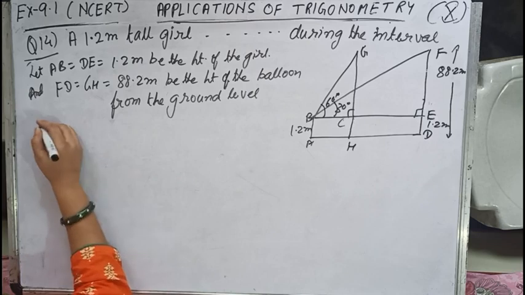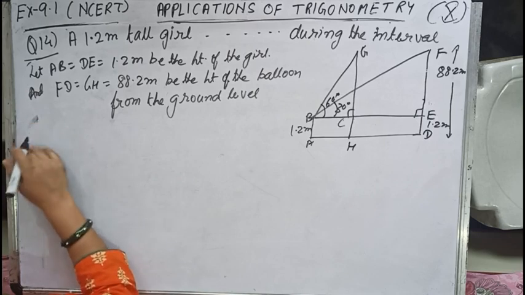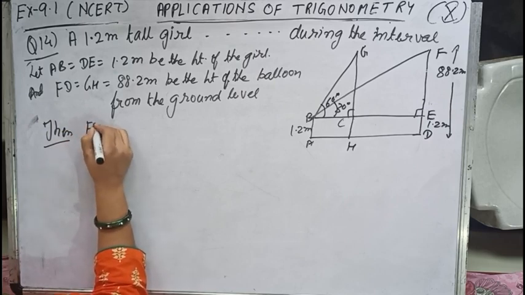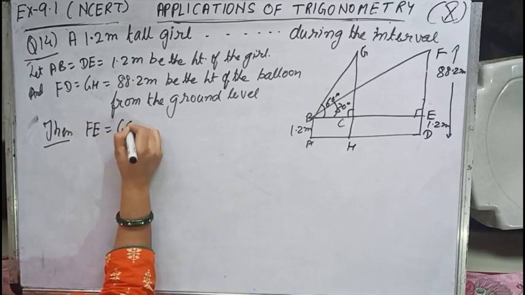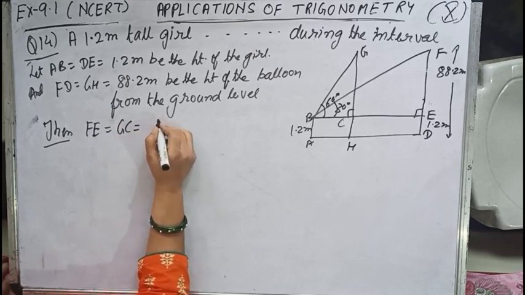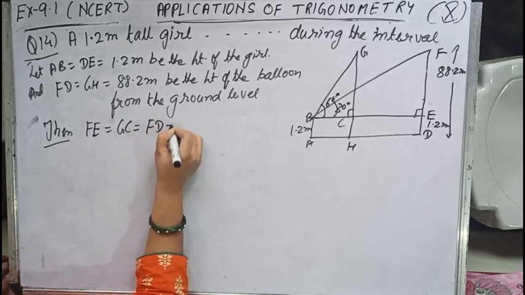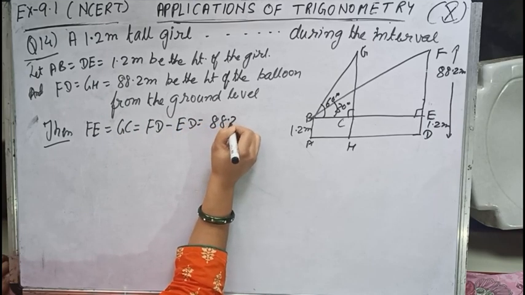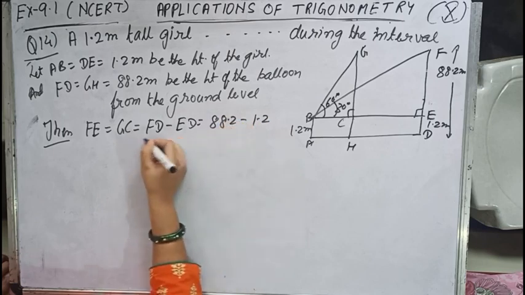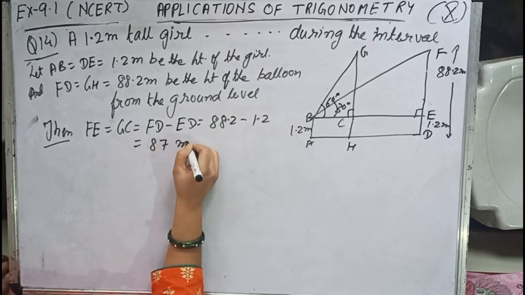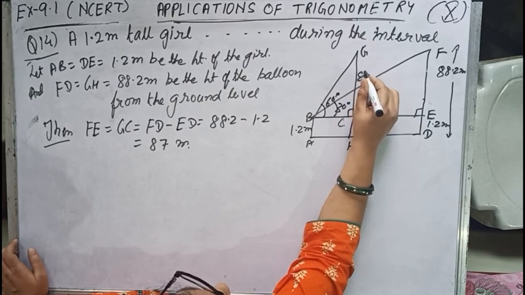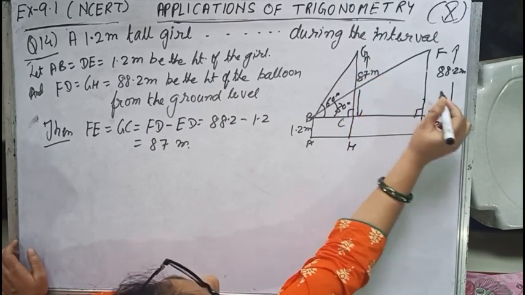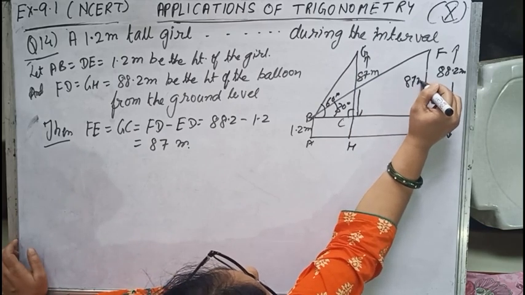ABCDEFGH, let us name. Now FE equals GC, which equals FD minus ED, which equals 88.2 minus 1.2 equals 87 meter. So here I can write 87 meter, and this also we can write as 87 meter.